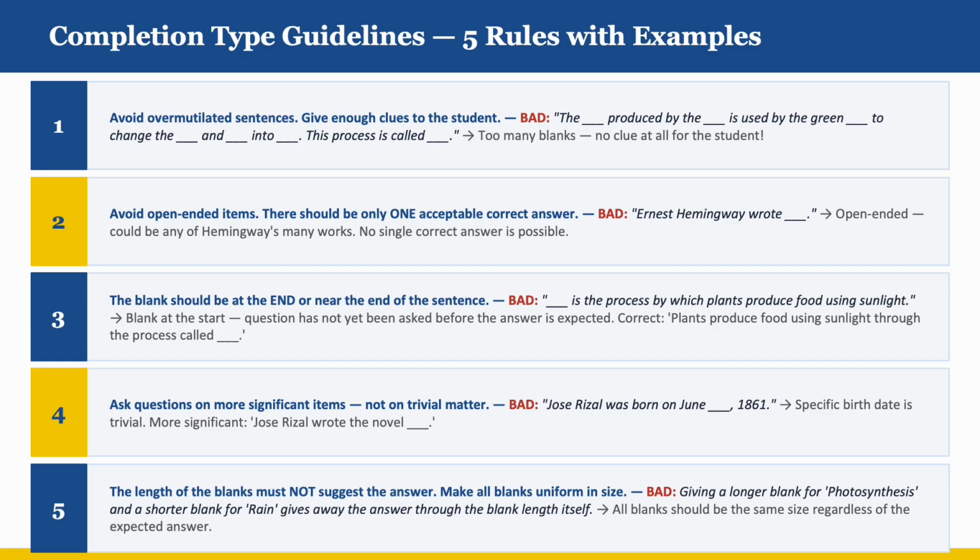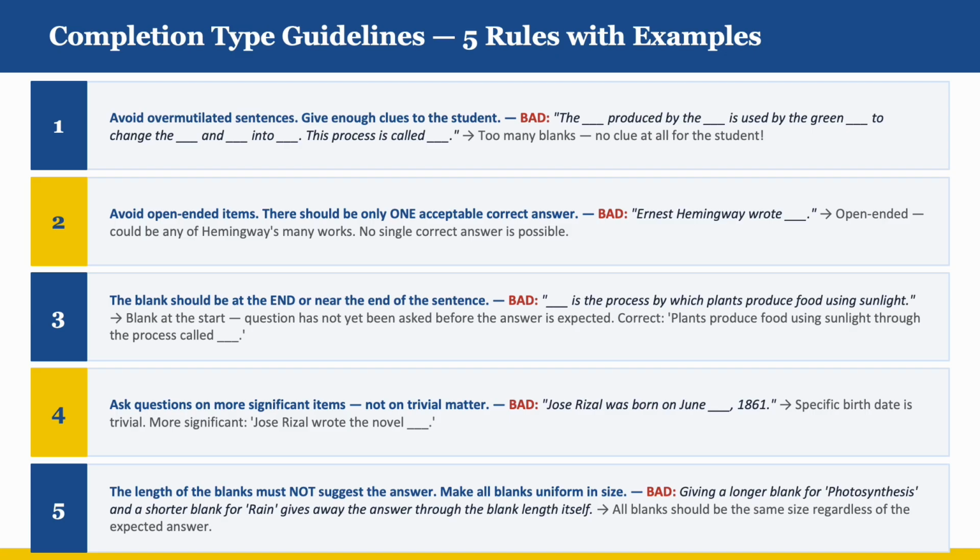Rule number 4, ask about significant information, not trivia. For example, the bad example: Jose Rizal was born on June blank, 1861. Who cares about the exact date of birth? A better question is: Jose Rizal wrote the novel blank. That's more educationally meaningful.